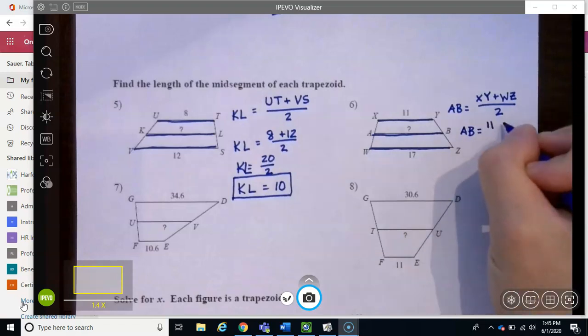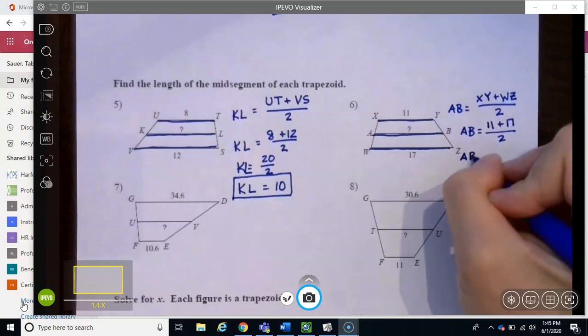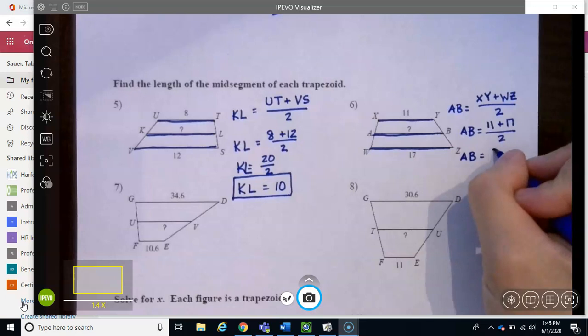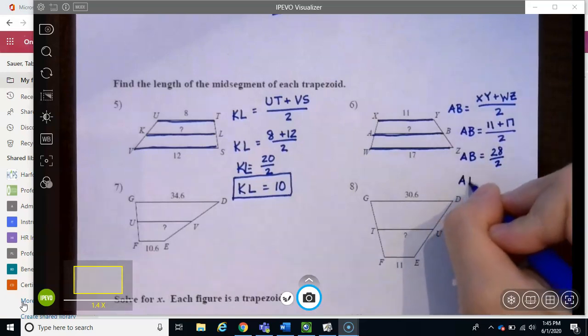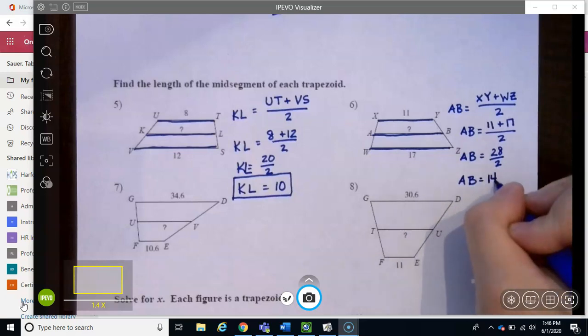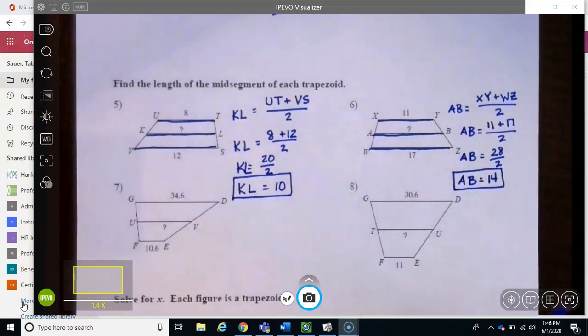XY is 11, WZ is 17, so we'll add those two together and divide by 2. Adding them together, we get 28 divided by 2, and you get AB is equal to 14. So that's how you find the midsegment when you know the two bases of the trapezoid.